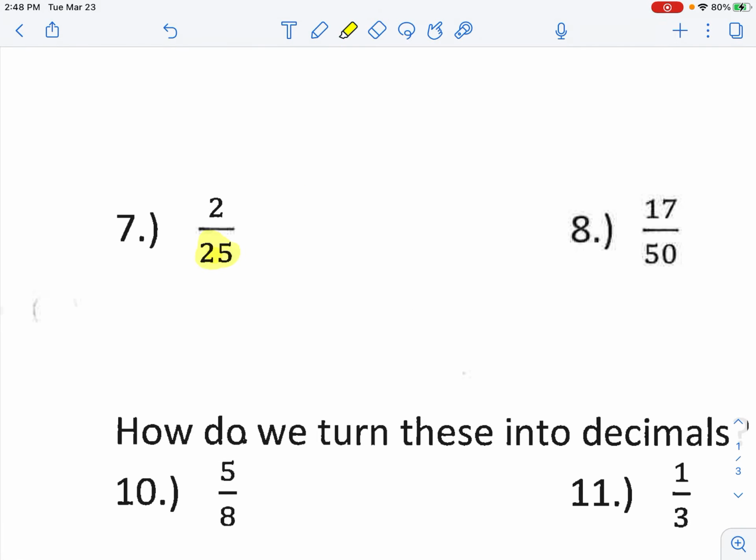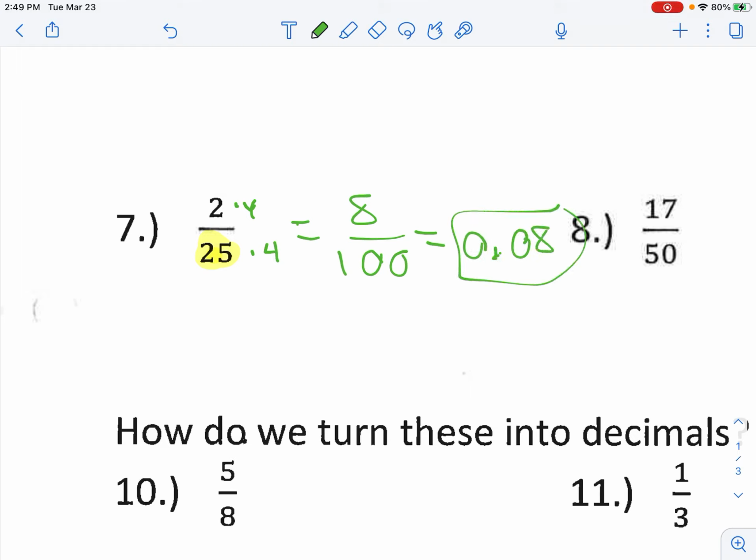Check your denominator. Can you multiply to get 100? Yep. 25 times 4 and 2 times 4. That gets us to the fraction 8 hundredths, which we can easily convert to the decimal 8 hundredths.